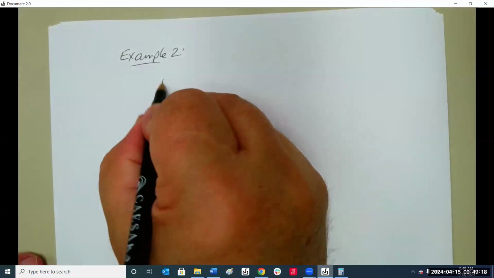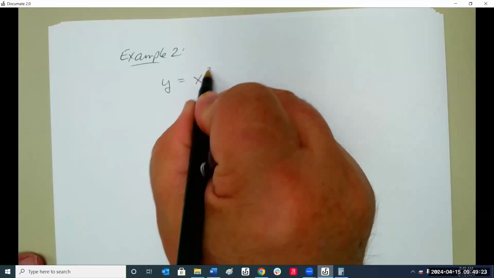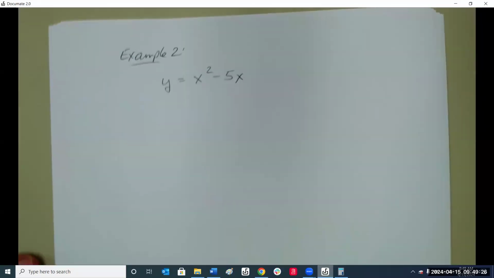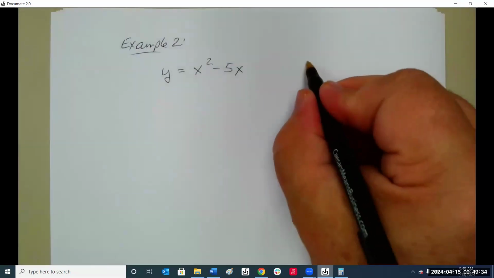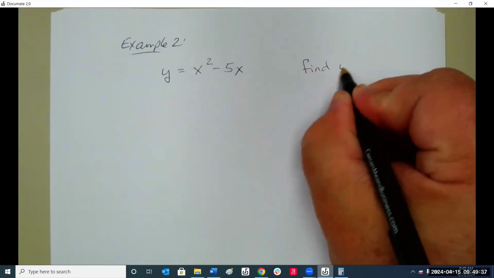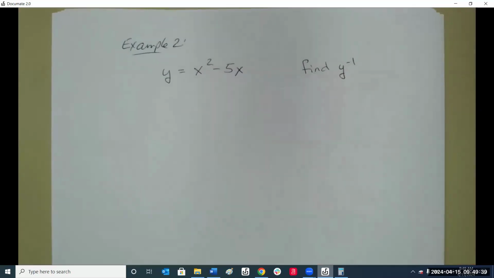Example 2 says, find the equation of the inverse of this equation. So what's my first step?